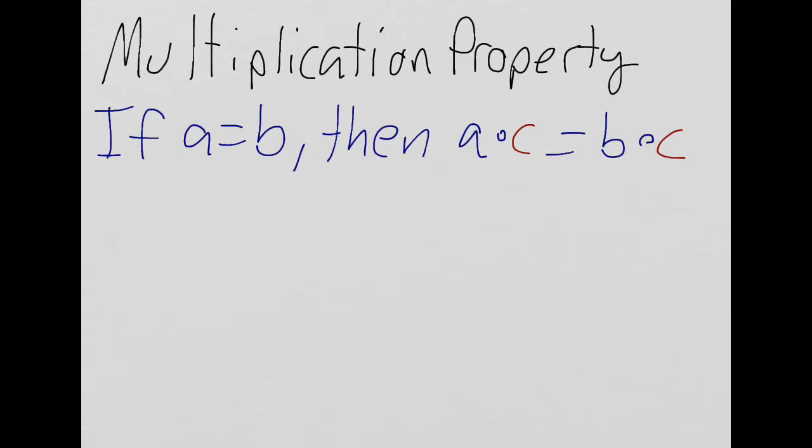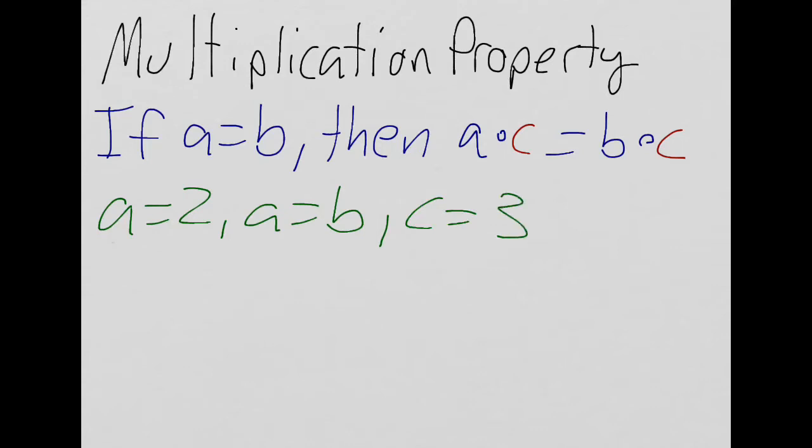Our next property is the multiplication property, and this says if A equals B, then A times C equals B times C. So this is just saying if I have the same number and I multiply it by the same number, I get the same answer. So let's look at an example. Let's say we have A equals 2, A equals B, and C equals 3.